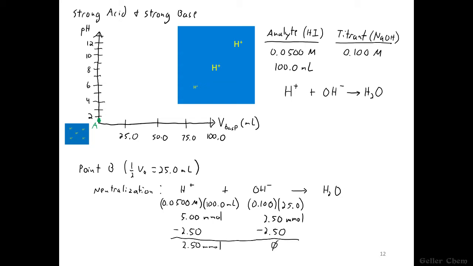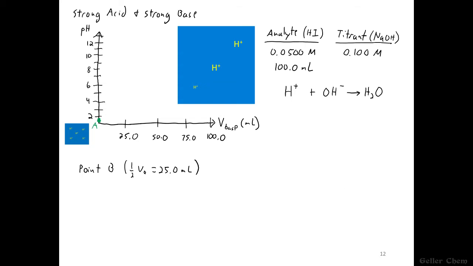And now I'm going to erase this to make some room. But imagine that underneath that 2.50 millimoles of protons that you already wrote down, we're going to write a downward arrow and just indicate that the next step is to divide this by the new volume, because we can't solve for pH with millimoles, we have to get back to molarity. So our new volume of solution is that original 100 milliliters we had plus the 25 from the base that we just added, 125.0 milliliters.